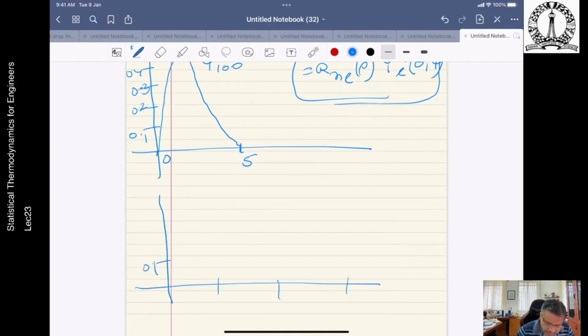Say 0.1, 0.2. So this is chi 200. This has a smaller peak, and it trembles a little bit, peaks and goes like this.